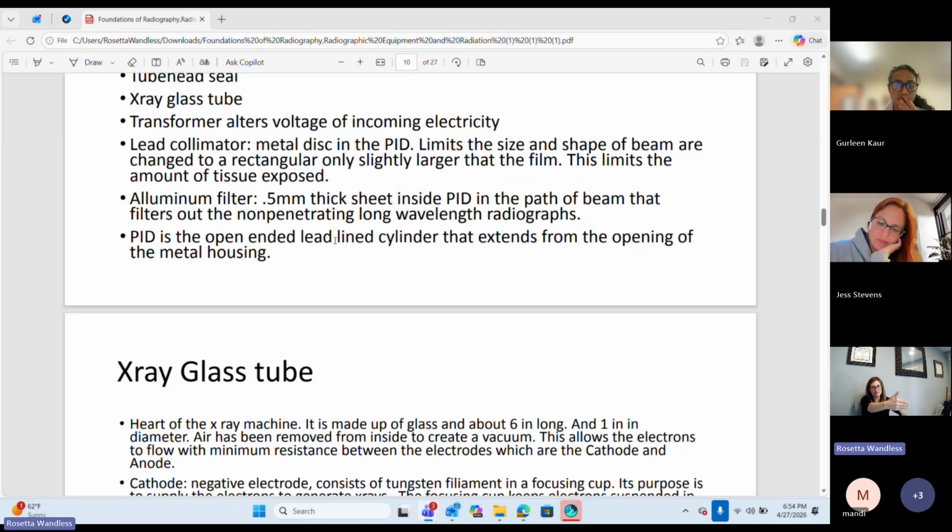The longer that position indicating device is, the better quality picture we get. So it's favored to have a longer PID. It's an open-ended, lead-lined cylinder that extends from the opening of that metal housing out.